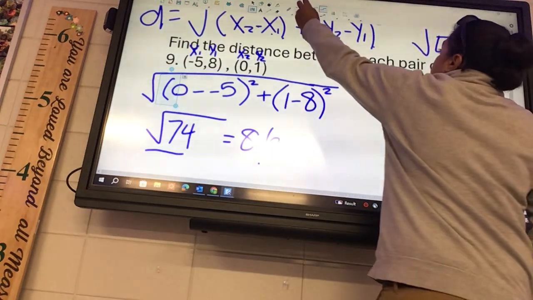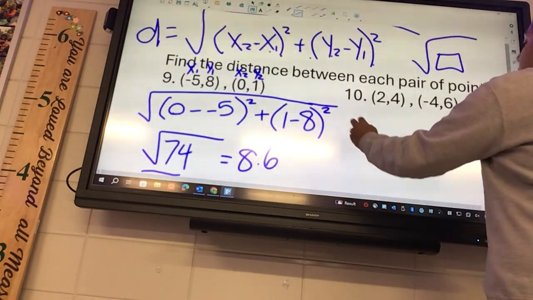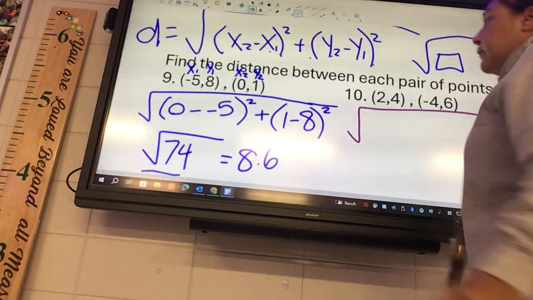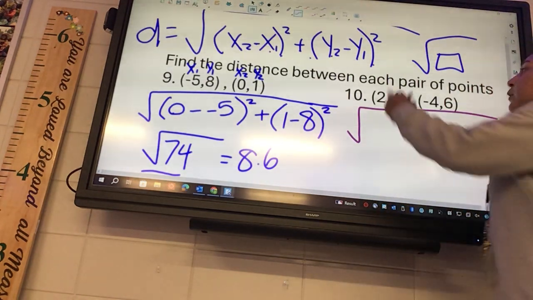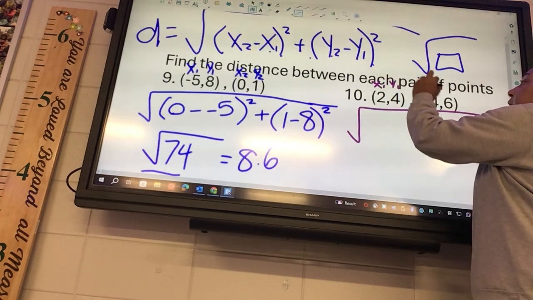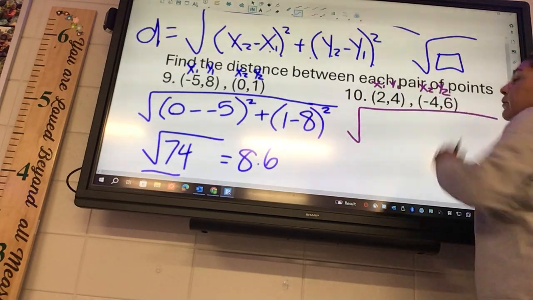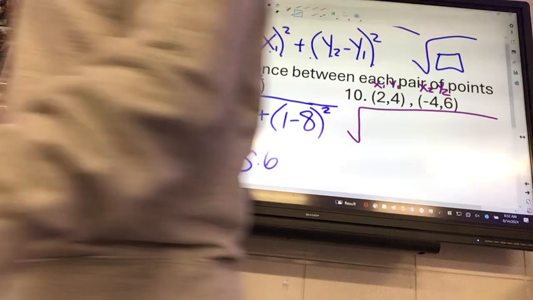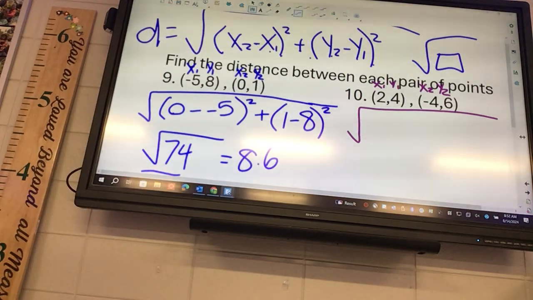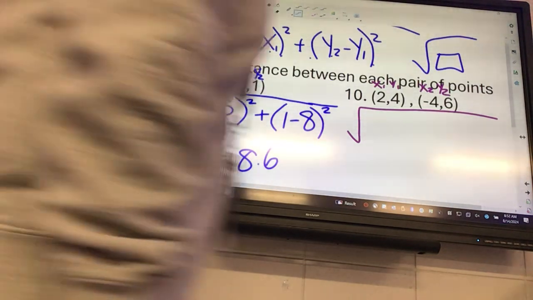Let's look at number 10. It gets done exactly the same way. We're gonna draw our square root, and we're gonna label x1, y1, x2, y2. We're gonna say parentheses.